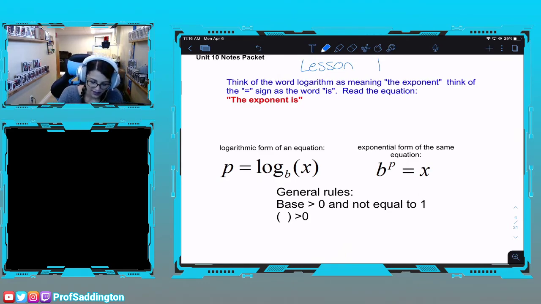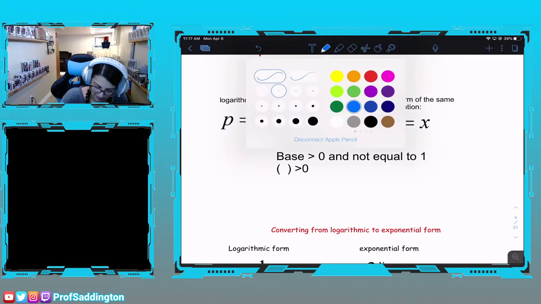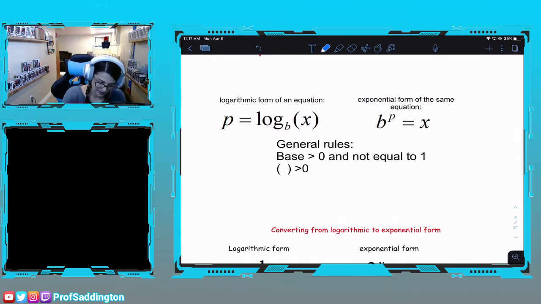It says, think of the word logarithm as meaning the exponent. Think of the equals as saying the word is. I teach logs a little bit differently than you may have done last year with Miss Holland, which is totally fine. I teach it with something called Ben the Bunny.